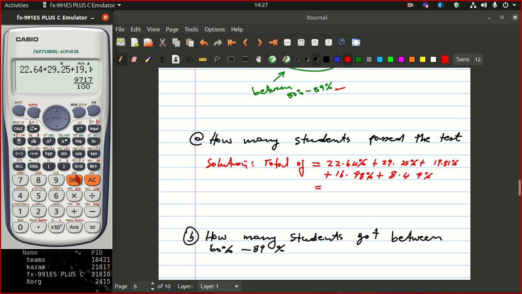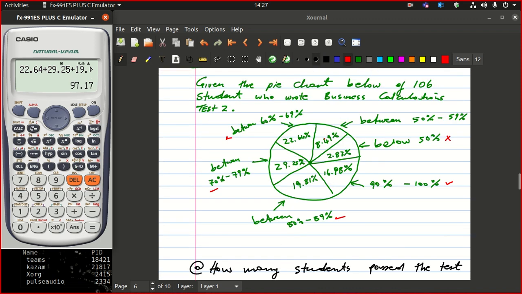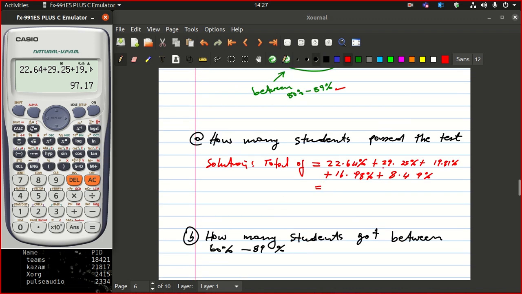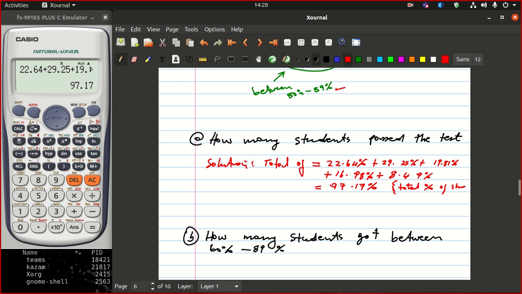And if you notice, all the students in these portions, this one, that one, that one, they got above 50%. That is why I'm adding all these percentages. So the total is supposed to be 79.17%. This one here is the total percent of students.